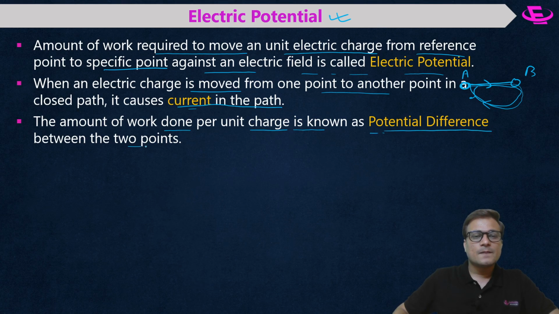Now the amount of work done per unit charge is known as the potential difference between 2 points. That means there is point A and point P. The amount of work done per unit charge means you can say V equals dW upon dQ.